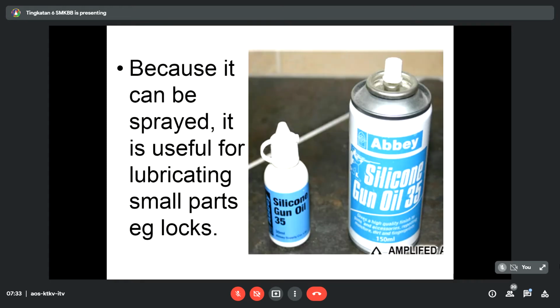So the lubricant can be in spray form. You want to lubricate a small part like a lock. Sometimes if your lock is wet all the time, it might get rusted already. Then you can lubricate it using silicone oil.